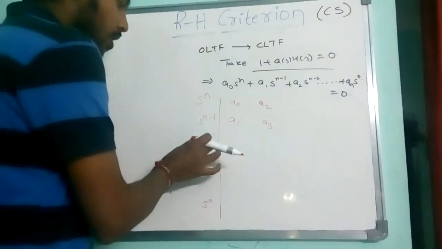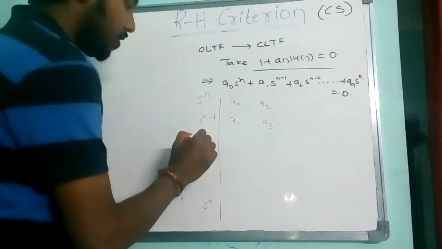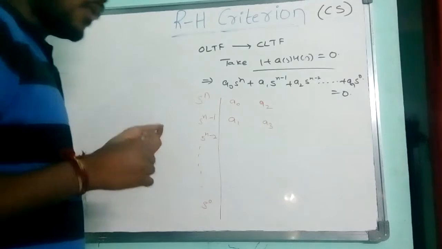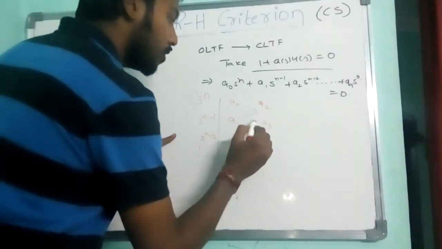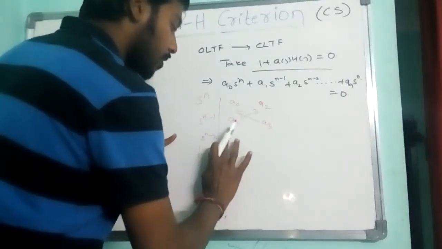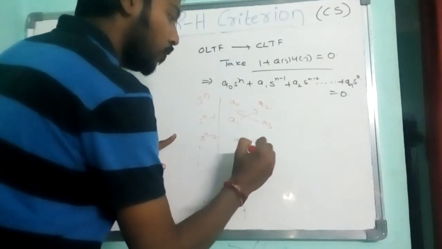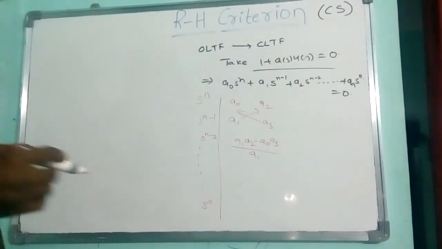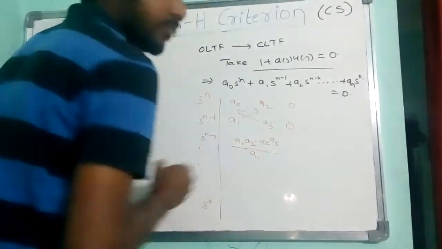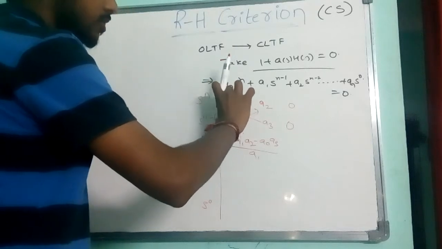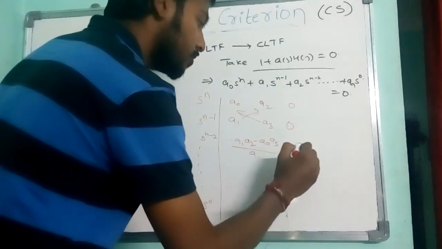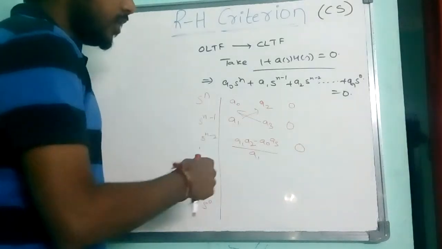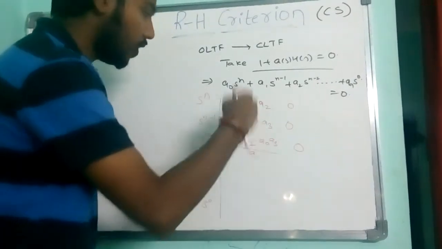For the next power, if it is not there, how will I get that? Multiply a1 a2 minus a0 a3 by a1. The next terms are 0, 0. Similarly for this column, that gives the same. After doing this, we have the first column of the Routh table.